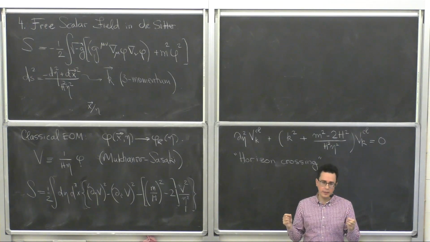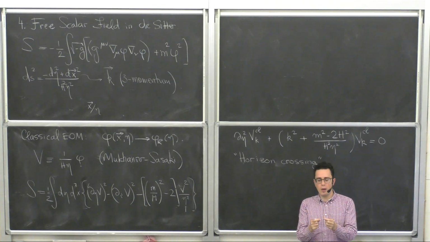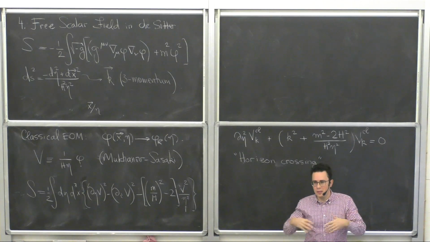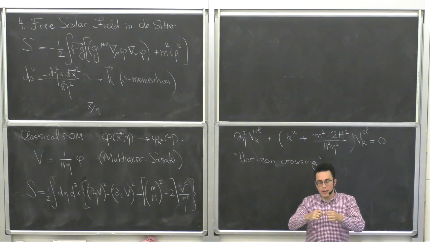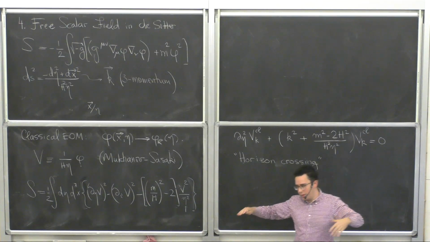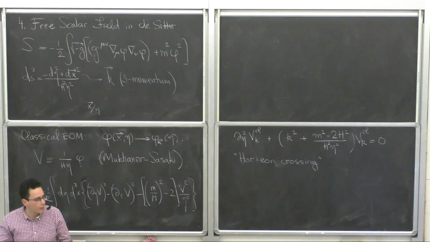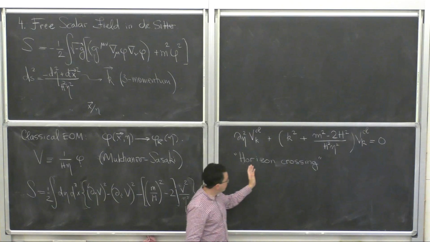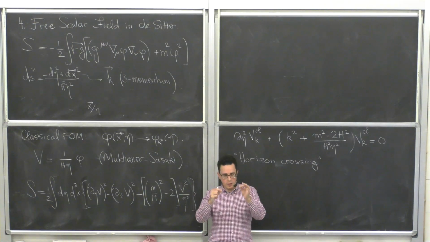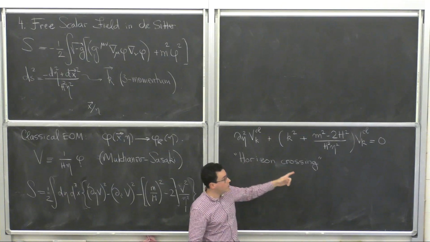And when that happens, that's when particle production is most extreme, because when the physical wavelength is much smaller than the Hubble radius, the mode doesn't care that it's in curved space. It's as if it's in flat space. When the physical wavelength is super big, then the mode freezes. Freeze is not the right word. The particle production is dominated by the moment in which the physical wavelength becomes of order the de Sitter radius, and we call this horizon crossing.